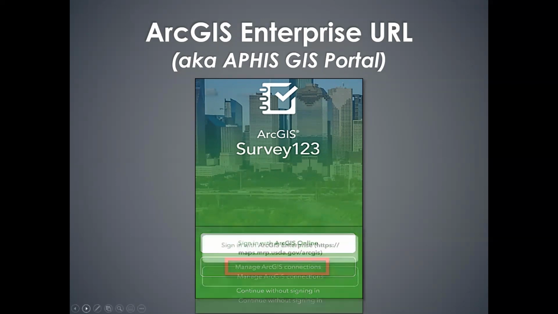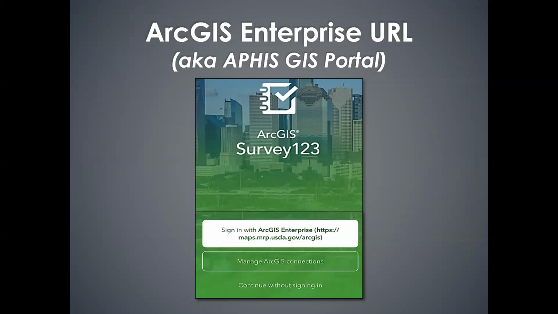And then ever after, it kind of looks like this. It holds on to the last sign in and URL that you used, and see that MRP. This would be your official data site, your official URL. So then when you open the app the next time, this is what you would see, and you would just tap on sign in with ArcGIS Enterprise right here and then continue on.